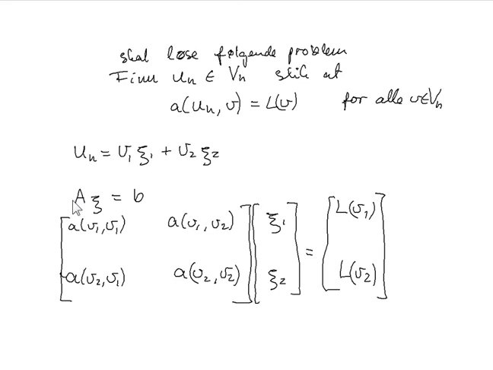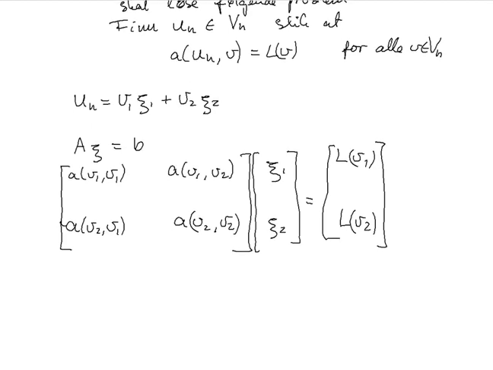We have this matrix equation A xi equal to B, where B is this vector, xi is this vector, and A is this matrix. So what we need to find are the elements of the matrix A and the two elements of the vector on the right hand side B.